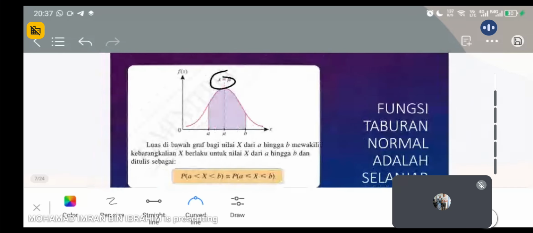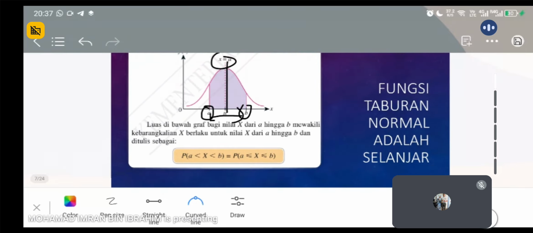Now we know the area under the graph of x from A to B represents the probability of x occurring for values of x from A to B. Again, this we can also write down like this, which is P right here.